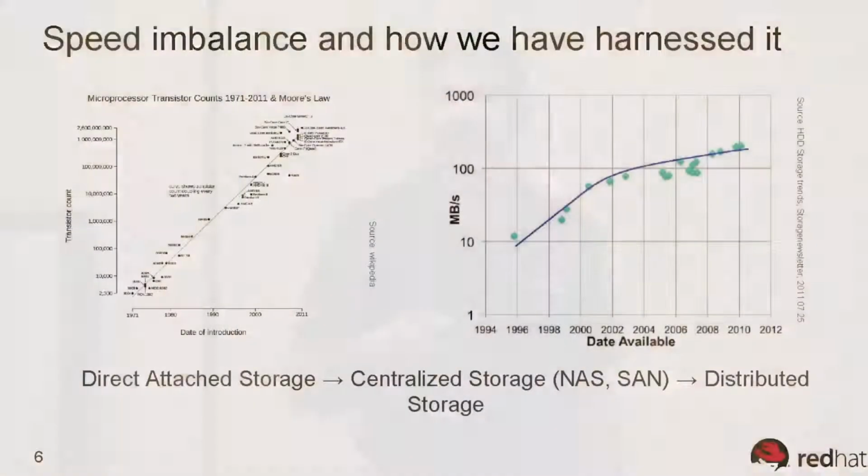And you can clearly see the difference between these two graphs right away. The CPU speeds have consistently increased, whereas the disk speeds have kind of started to level off at some point, right? So this has created an imbalance in general between compute and storage performance.